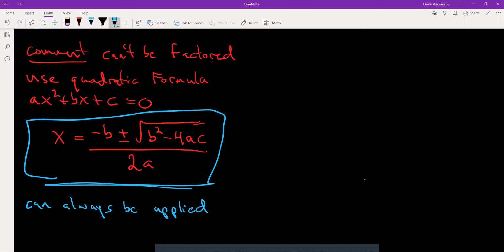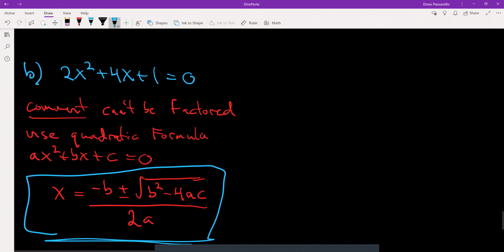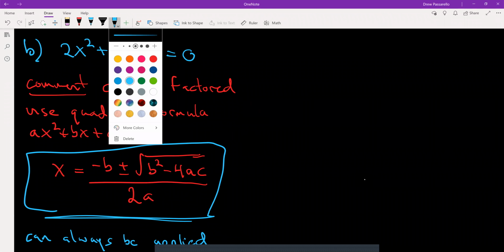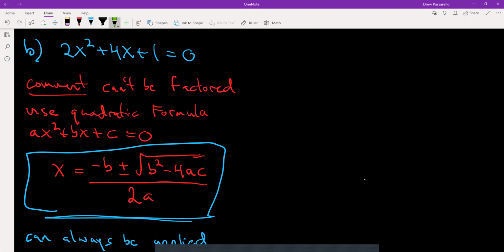If your skill set for factoring is not so great, you could always resort to using this formula. All right, so if I apply the formula, x is equal to, again, my a is 2, b is 4, c is 1.